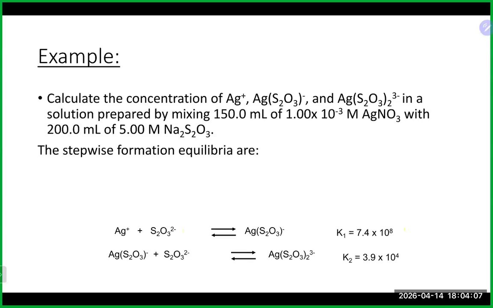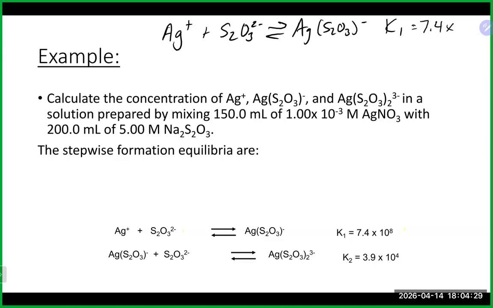Why don't you try one here? Let me rewrite these up a little higher, maybe easier to see. So we've got silver plus S2O3 2 minus giving Ag S2O3 minus, and K1 is going to be 7.4 times 10 to the 8.